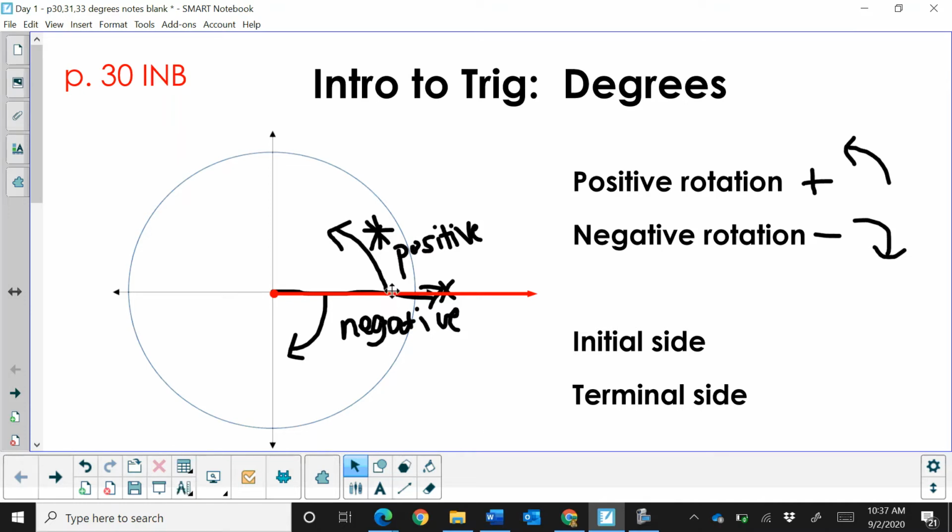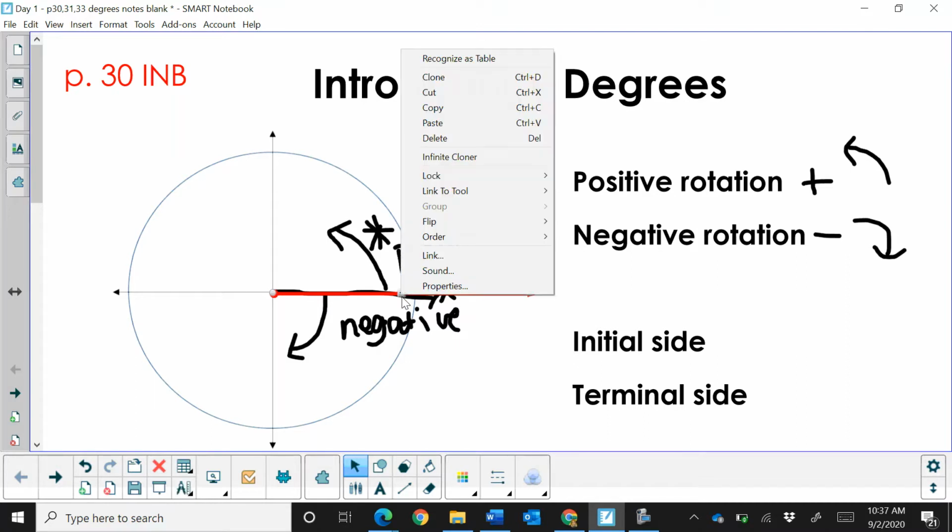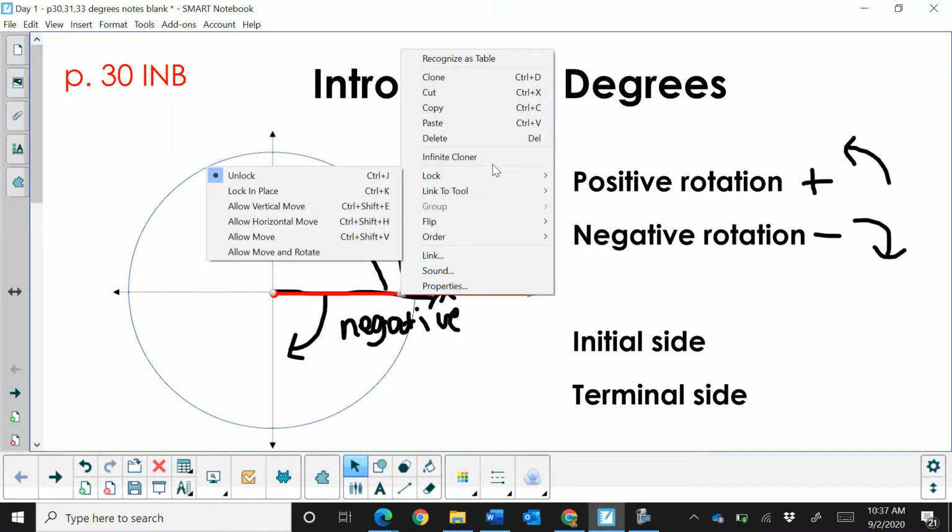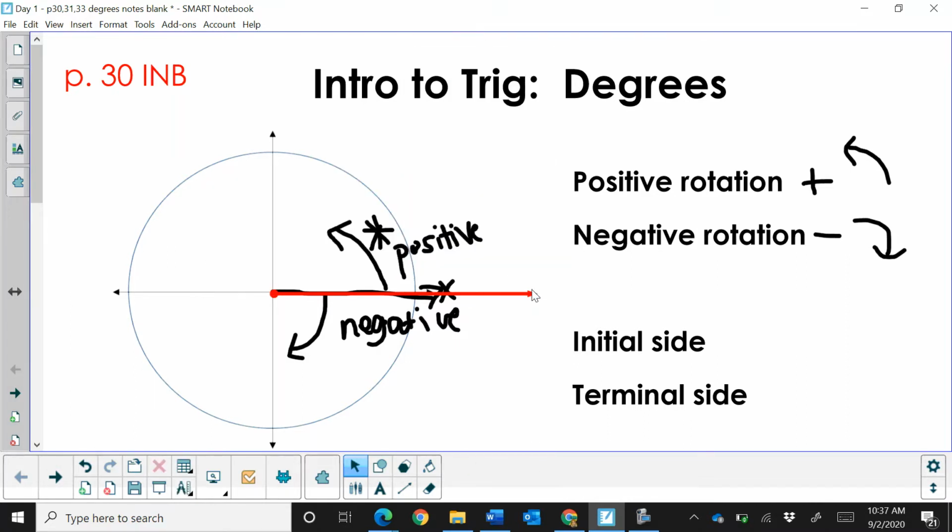Now the terminal side, let's go ahead and I'm going to create some extra angles here. The terminal side is where the graph ends. So let's say that we rotate a positive angle around here.